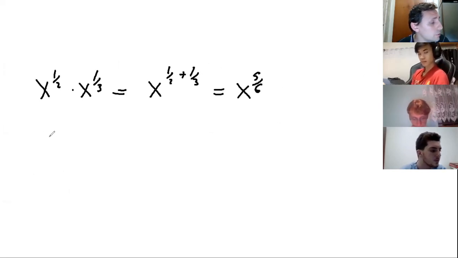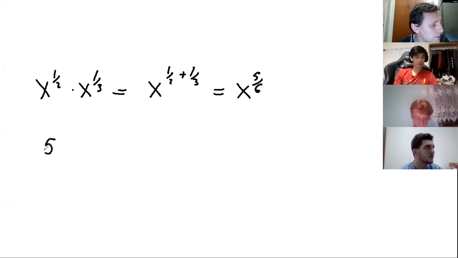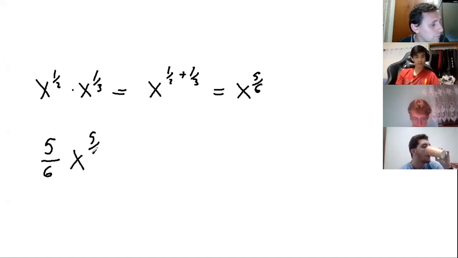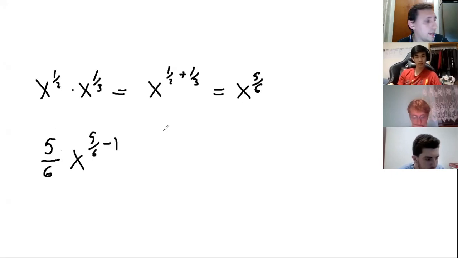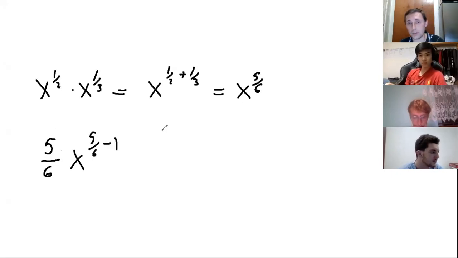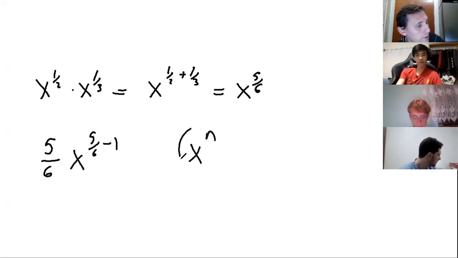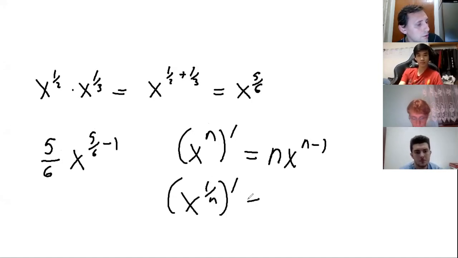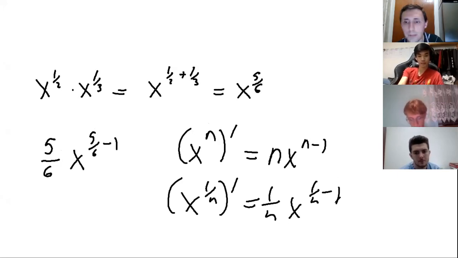And if you know this pattern, the derivative is 5/6 x to the 5/6 minus 1. But we haven't established that this law is true. We established only that if it's x to the power of an integer, the derivative is n x to the n minus 1. And we can also easily establish that if it's 1 over an integer, the derivative is 1 over n x to the 1 over n minus 1.